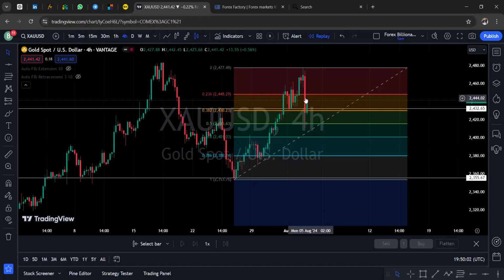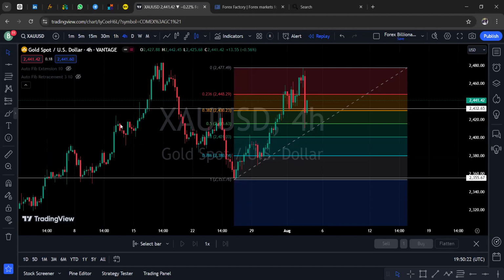So what I'll wait to happen, because this is a bearish candle, which can take the market back down, is for you to see this as a retest back to this zone, dropping back to give us another opportunity. So I'm going to wait for price to come down.